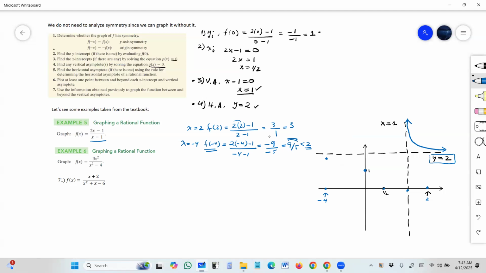And this dashed line here is another asymptote. So I already know the behavior of the graph in all of this domain. This is it. That is the graph. Okay? Let me just erase this for you to see.